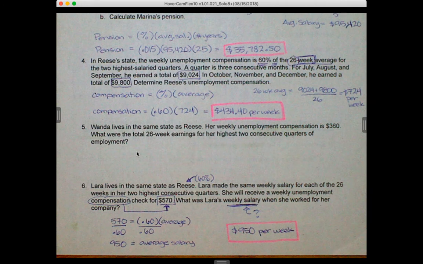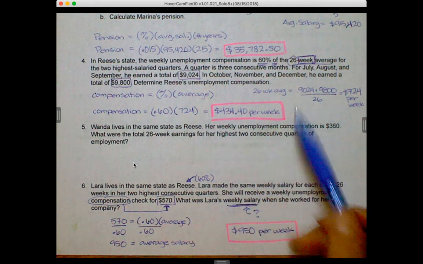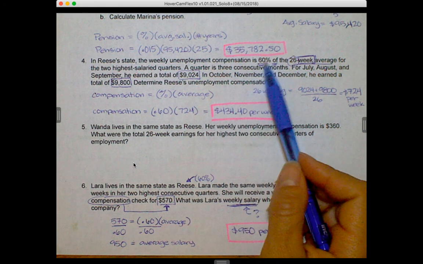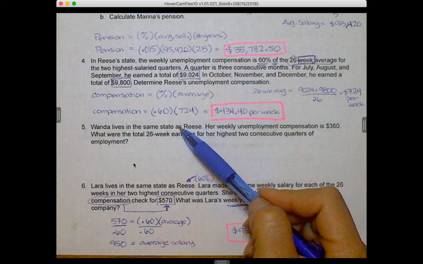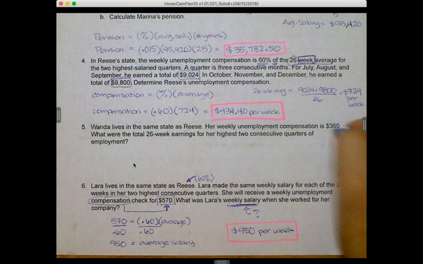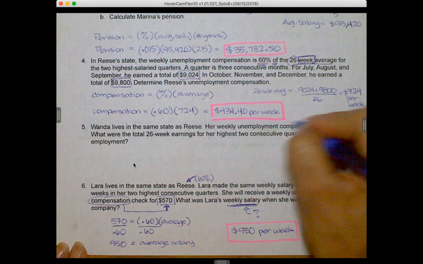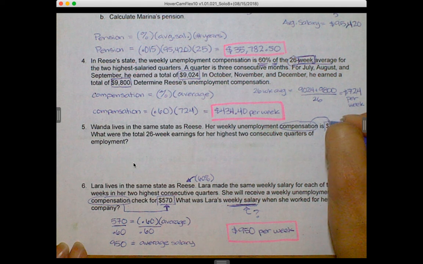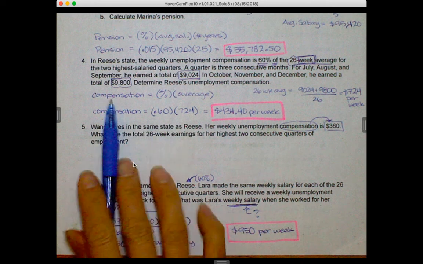Okay, so let's look at this last one, number 5. It says Wanda lives in the same state as Reese. So again, I think we're going to be using this 60% if she's living in the same state. Her weekly unemployment compensation is $360. So they're telling you the compensation is $360, so we know this.